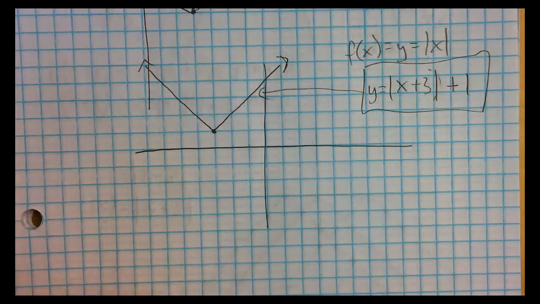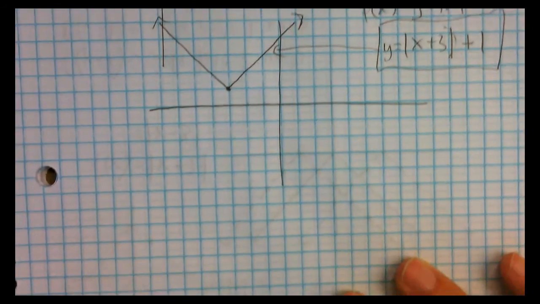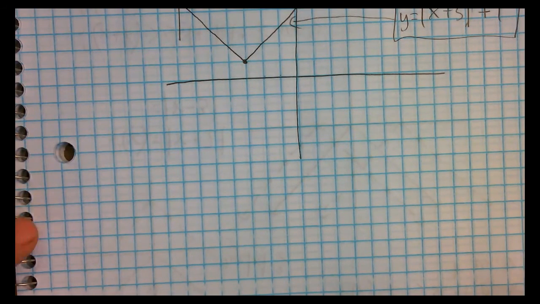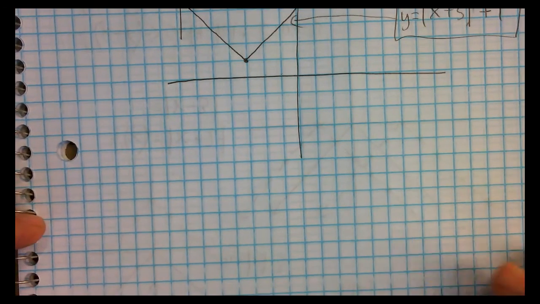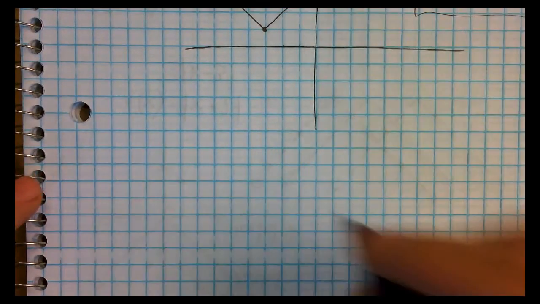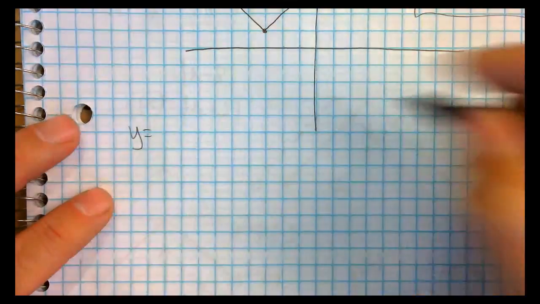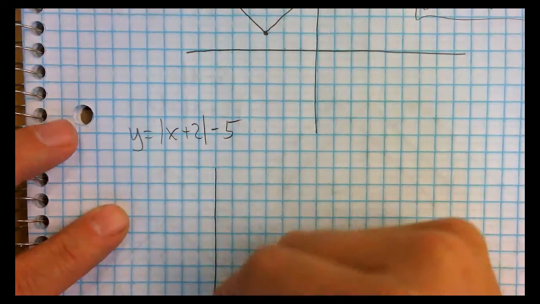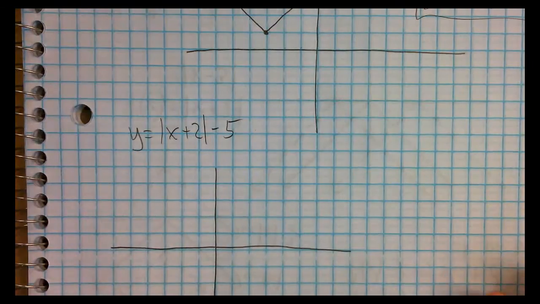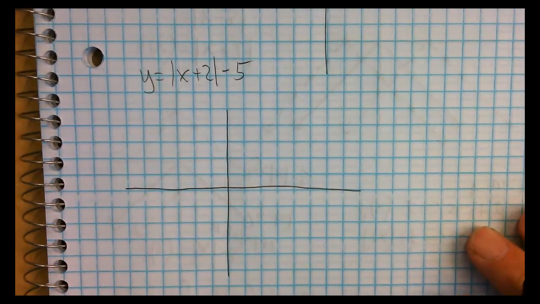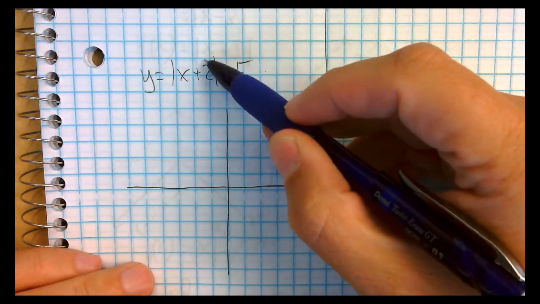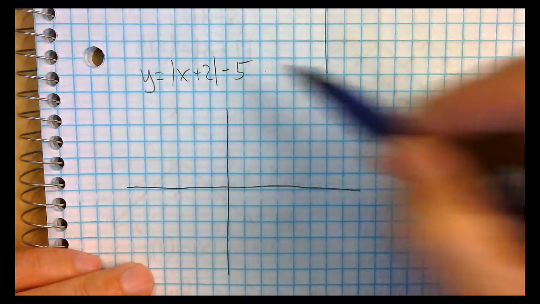Okay. The only practice that I want you to do here is you're going to graph some absolute value equations by shifting them, and you're going to write the equations by looking at the graph. And this can actually be very quick, because if you know that, say, for example, y equals absolute value of x plus 2 minus 5, you now should be able to look at that and say, okay, I know an absolute value graph looks like a V, and I know that this is telling me to shift it 2 to the left, and this is telling me to shift it 5 down.